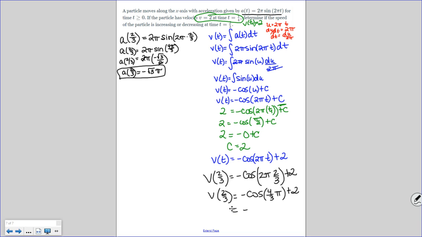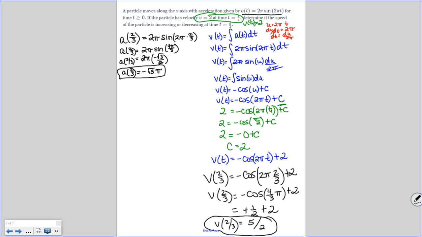Cosine of 4/3 pi is negative a half. So negative a half is positive a half, plus 2. That combines to be 3 halves. Oh, 1 half plus 2 is not 3 halves. 1 half plus 2 is 5 halves. So at 2/3, velocity is positive.